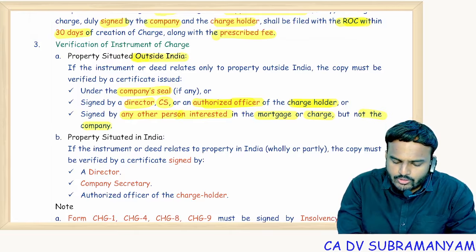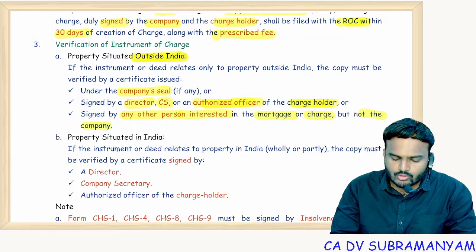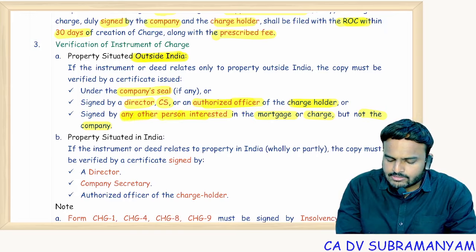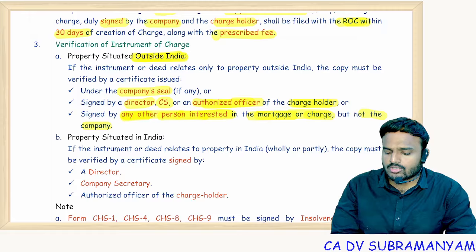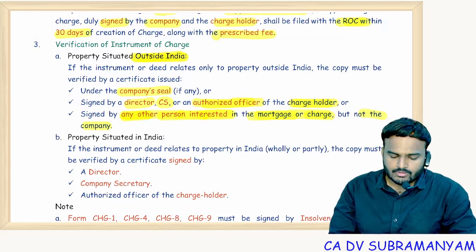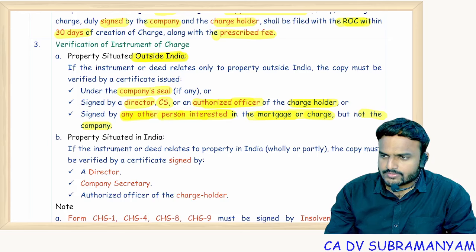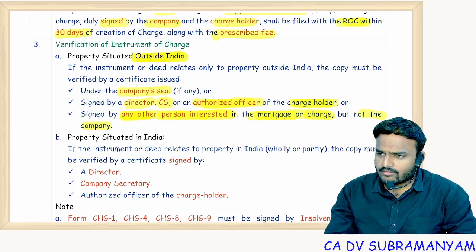If the property is located outside India, it should be signed by any other person interested in the mortgage or in the charge but not the company. So definitely the charge holder, definitely the owner of the premises.